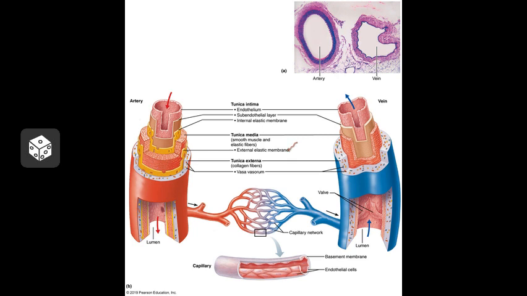The tunica externa is connective tissue, a tremendous amount of collagen fibers, which is what gives blood vessels their integrity. Now, this is also where the blood vessel is perfused and innervated in the tunica externa, and we call that the vasa vasorum.